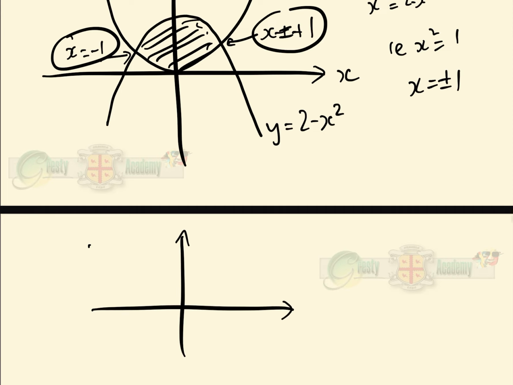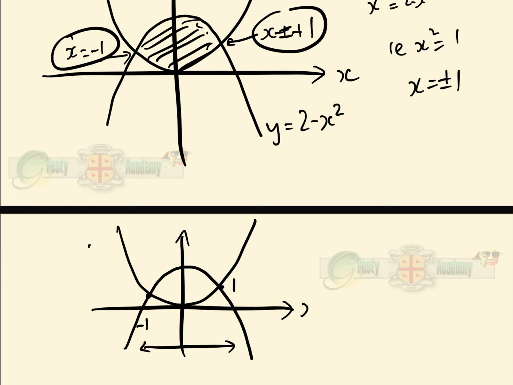Now let's just redraw this. Here's y equals x squared, and here is y equals 2 minus x squared. We know that this point here is minus 1, and this point here is 1 on the x. So our integral will be from minus 1 to 1 on the x. Now what about y? We will enter at this point here, and we will exit at this point here.